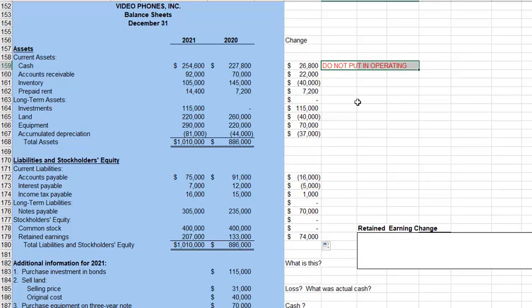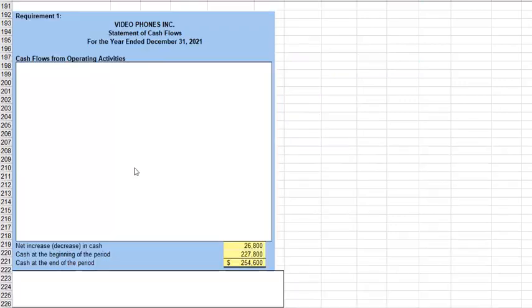Let's go ahead and update our cash flow statement for the cash. We will put these at the bottom of our cash flow statement. We have a net increase of cash of $26,800. Cash at the beginning of the period. Let me remind you that the ending balance of cash last year will be the beginning balance of cash this year, right?